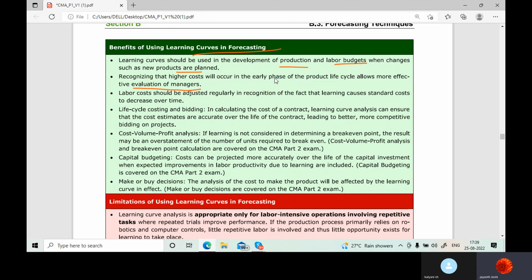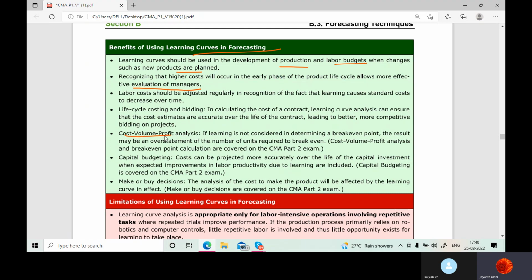Labor cost should be adjusted regularly in recognition of the fact that learning causes standard cost to decrease over time. In life cycle costing, when calculating the cost of a contract, learning curve analysis can ensure that cost estimates are accurate over the life of the contract, leading to better, more competitive bidding on projects, because as time passes, you can expect more efficiency and a better deal in the contract.